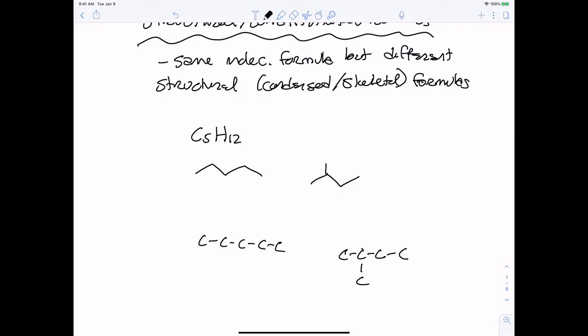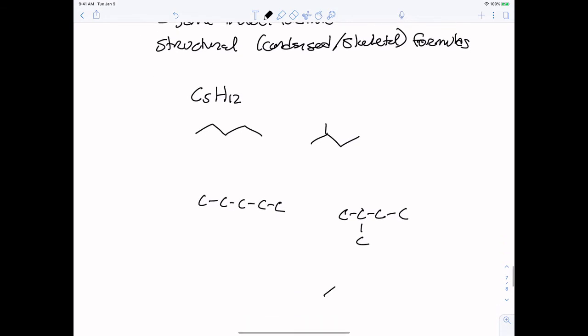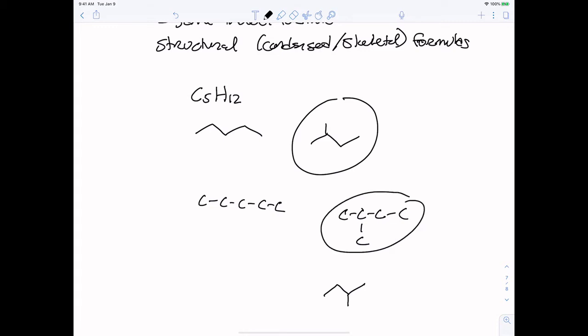Be careful. If I was to draw 4 in a row and put it on this carbon, it's the same thing as this one I just drew. It's just flipped front to back and upside down, right? It's the same thing. It'd be like, if I took that one and put it there, it's the same thing. It's not different.